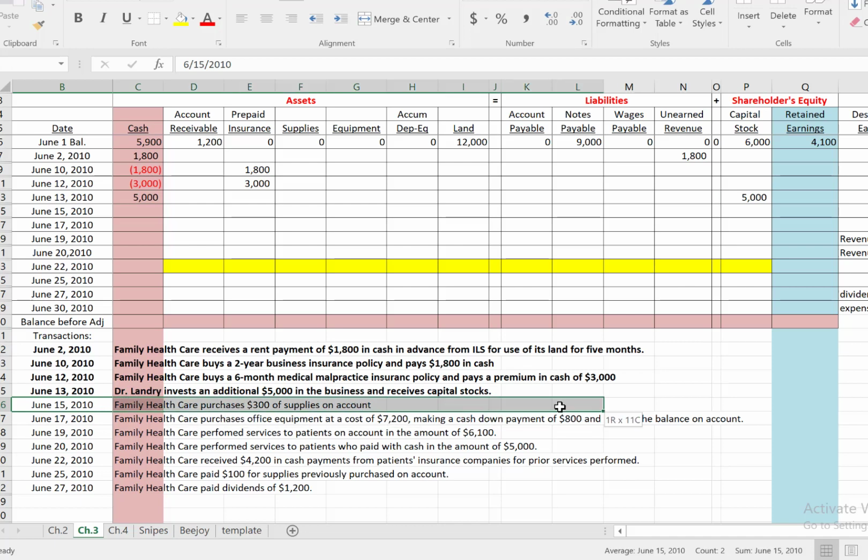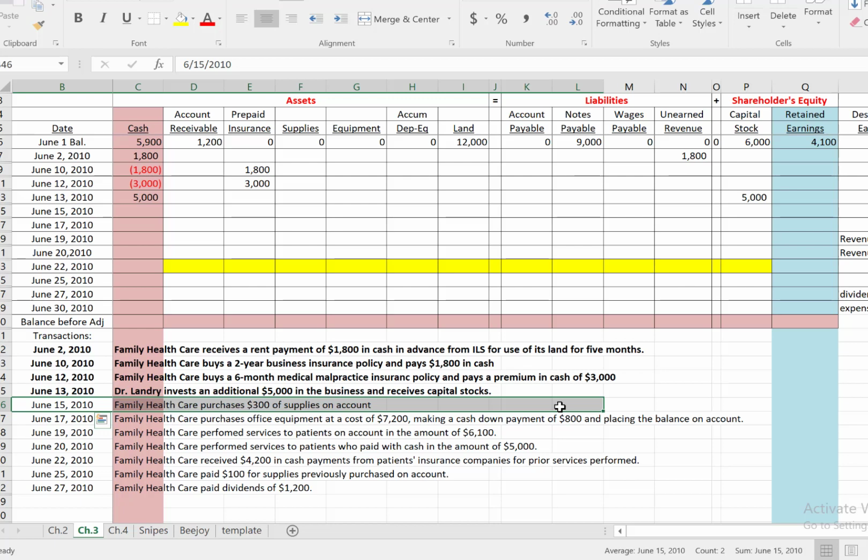The next transaction is that family healthcare purchases $300 of supplies on account. Now, in our last discussion, we talked about when a customer buys something on account, we have an accounts receivable. Now what we're doing is we are doing the purchasing, so we actually owe the money.